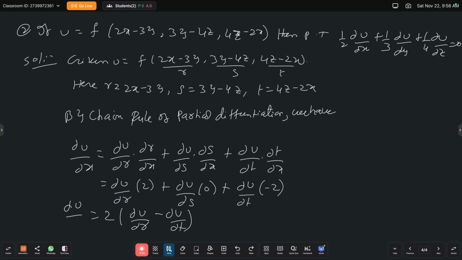So dou u by dou x equals this, which implies it can be written as the equation 1 by 2 into dou u by dou x equals dou u by dou r minus dou u by dou t. So that is equation 1.